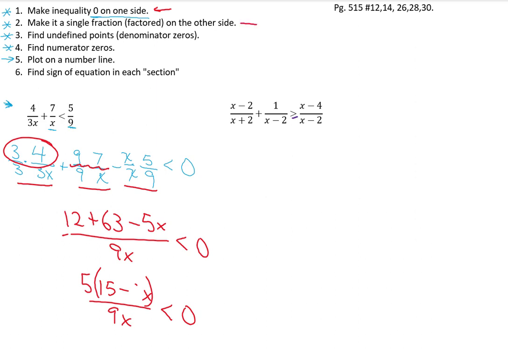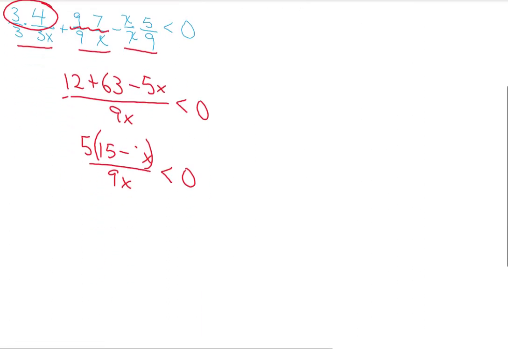We made it into a single rational expression, and now we can look for where the undefined points and the numerator zeros are. The undefined point is 0, and the numerator is 0 when x is 15.